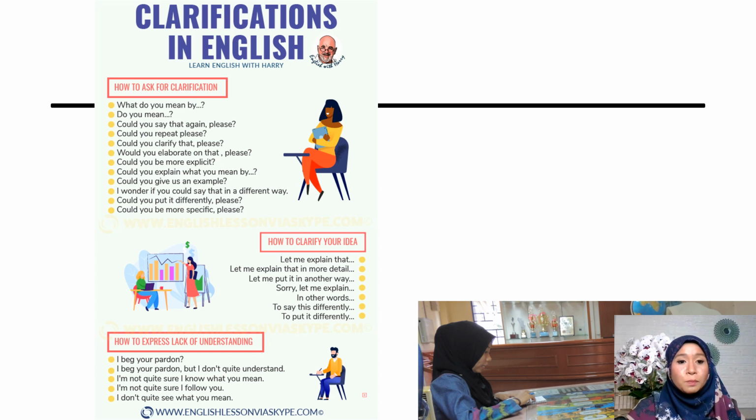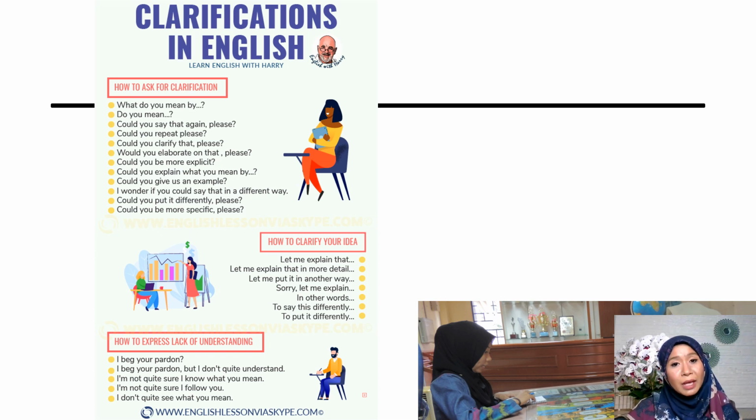For example, what do you mean by? Do you mean? Could you say that again, please? Could you repeat, please? Could you clarify that, please? Would you elaborate on that, please? Could you be more explicit? Could you explain what you mean by?